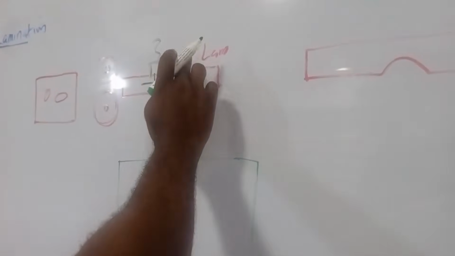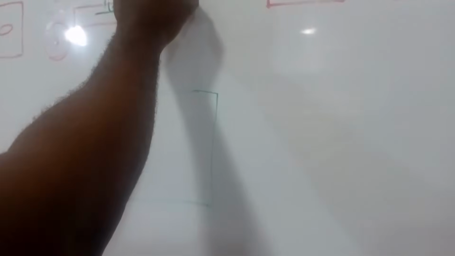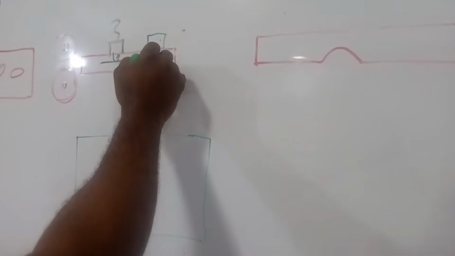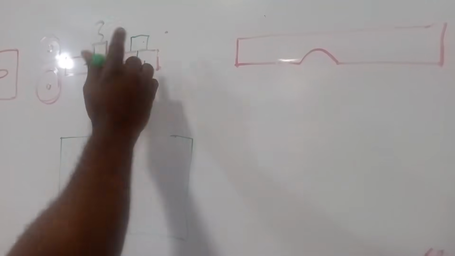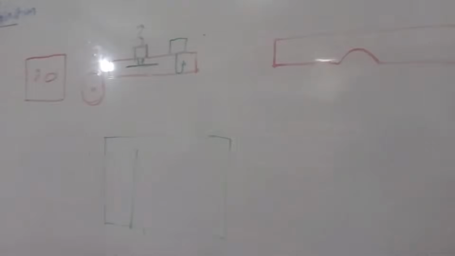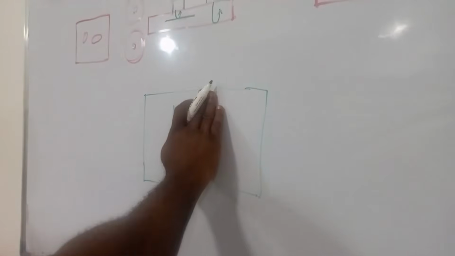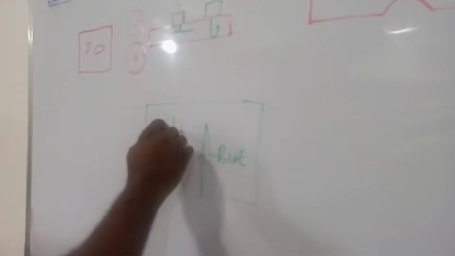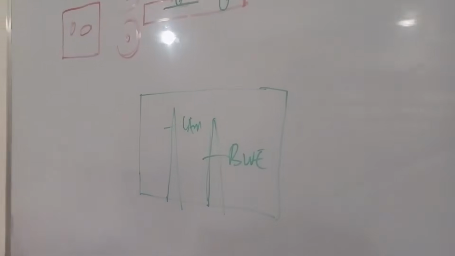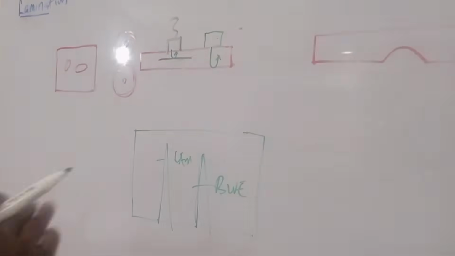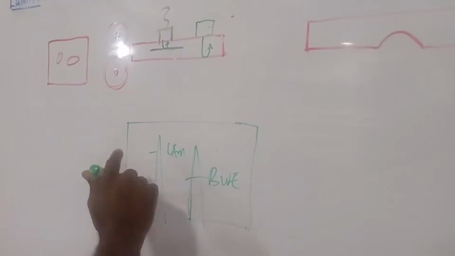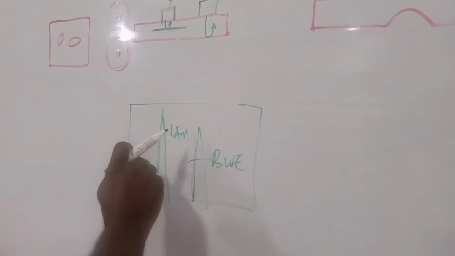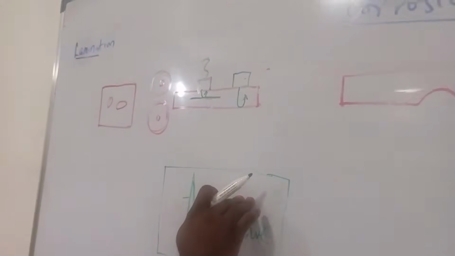Now, if I put this same probe on a good area, let's say this area does not have any form of lamination, it gets to the back wall and is reflected back. This will form our back wall echo, and in this case, this is our lamination echo. So the first major difference between corrosion and lamination is that when you have a lamination, the lamination echo comes sharper and the amplitude is higher than the back wall echo.